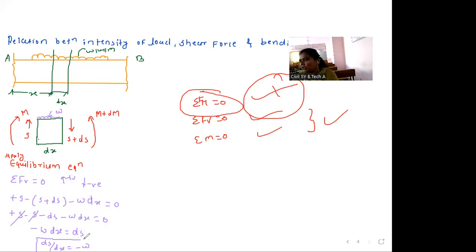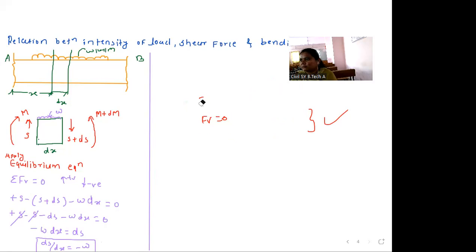So dS divided by dx is equal to minus w. So this is our first answer. I will explain here how it comes. So our final equation is dS divided by dx equal to minus w.